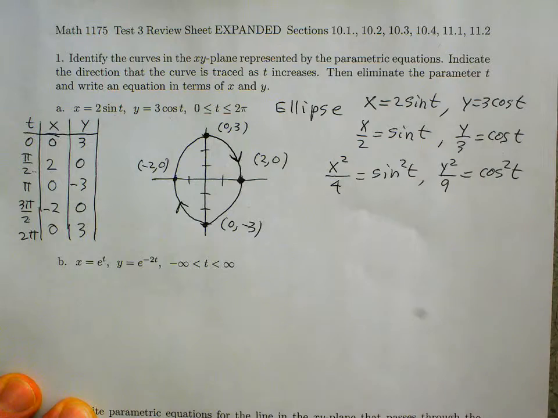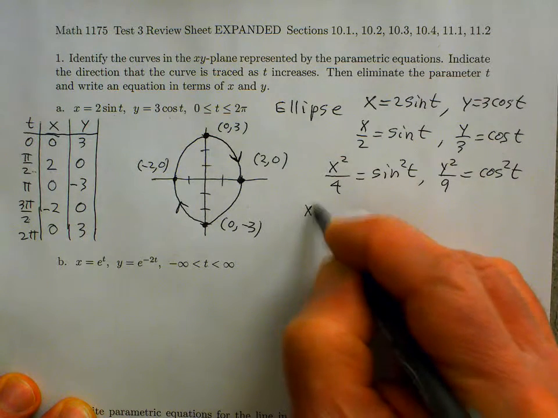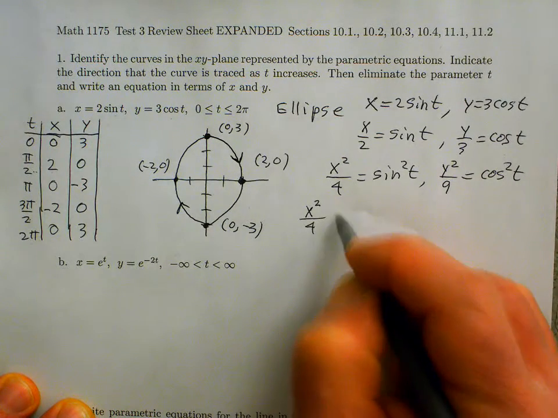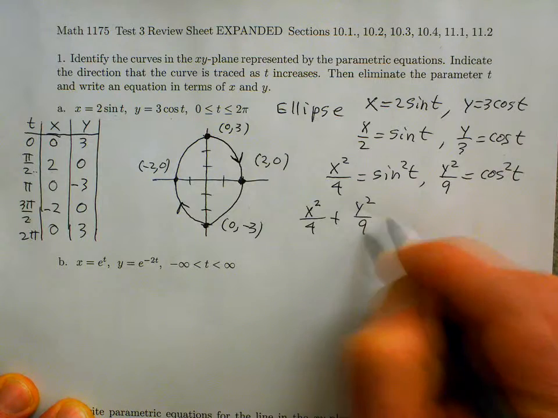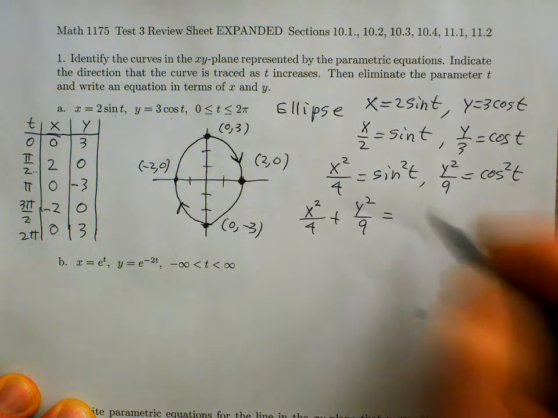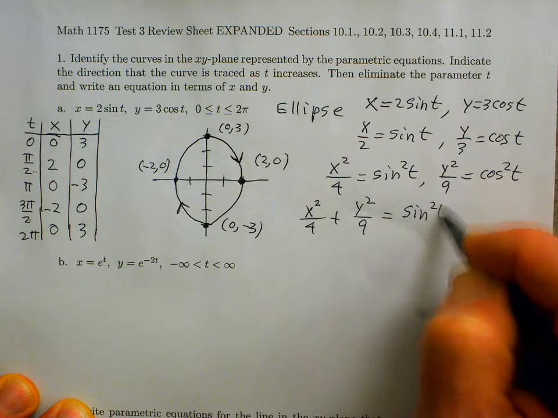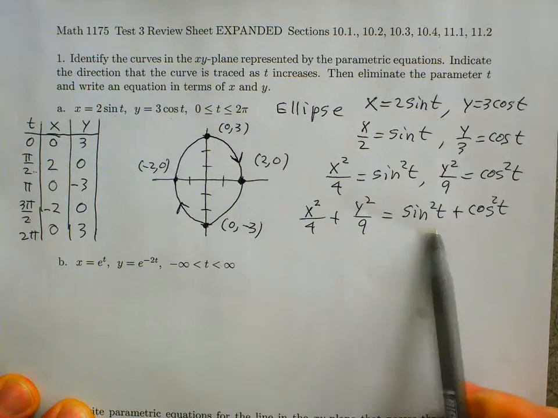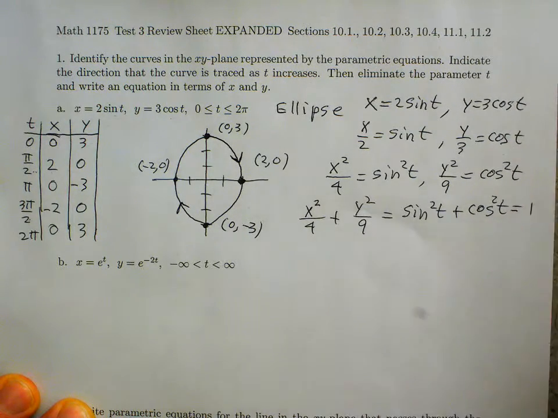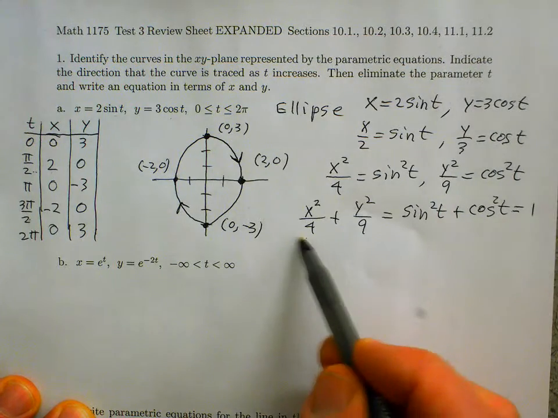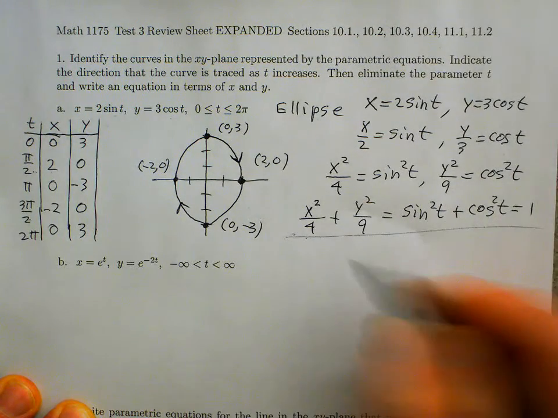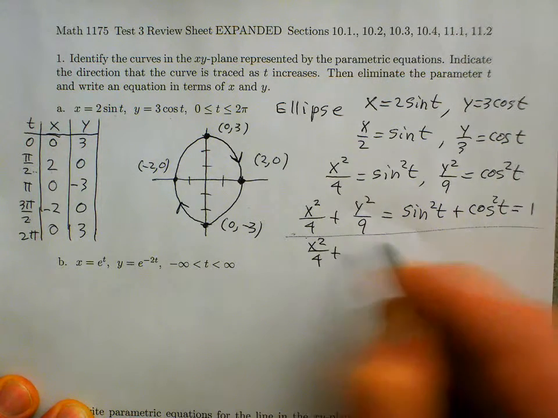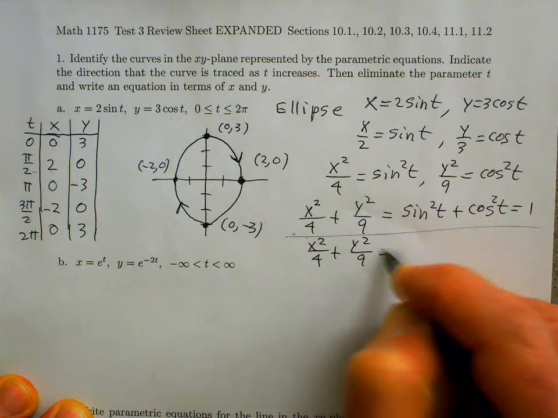Then if we add the equations, so add the left-hand sides, x squared over 4 plus y squared over 9 equals the sum of the right-hand sides, sine squared t plus cosine squared t. But sine squared t plus cosine squared t equals 1. So we get the equation of an ellipse. X squared over 4 plus y squared over 9 equals 1.